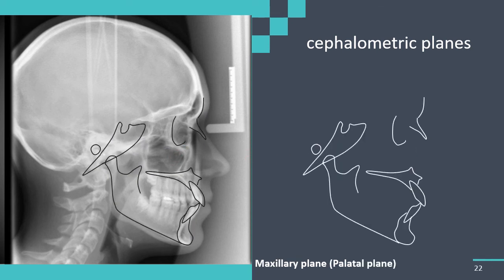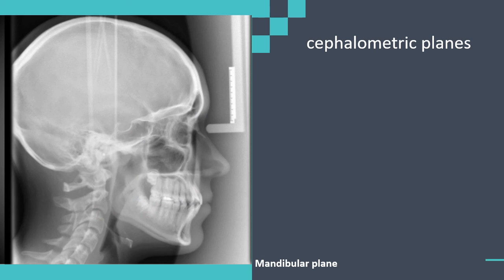Another cephalometric plane is the maxillary plane. The maxillary plane connects the anterior nasal spine and the posterior nasal spine. The functional occlusal plane is the plane that connects the cusp tips of the posterior teeth and the incisal edge of the anterior teeth, which is called the occlusal plane.